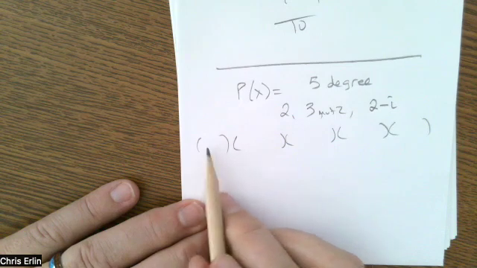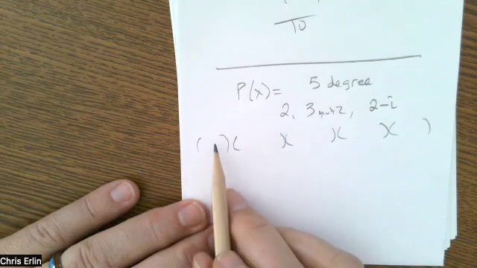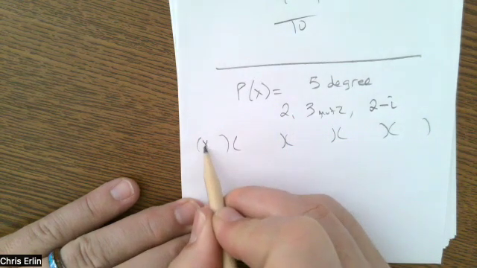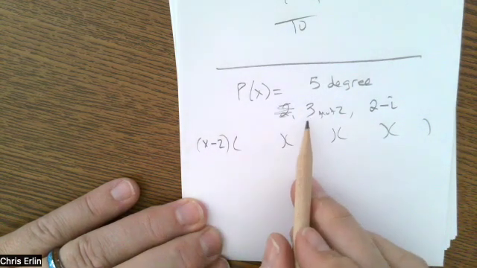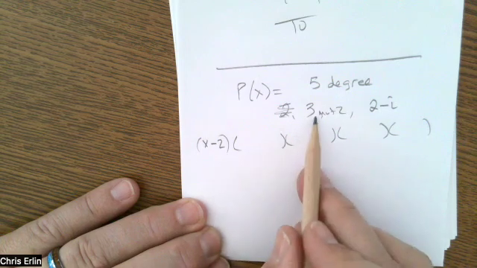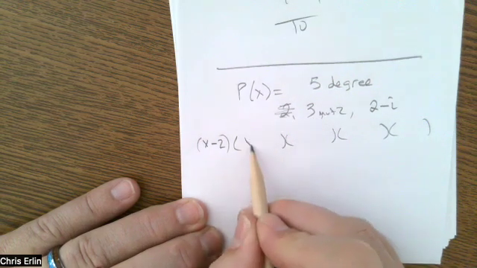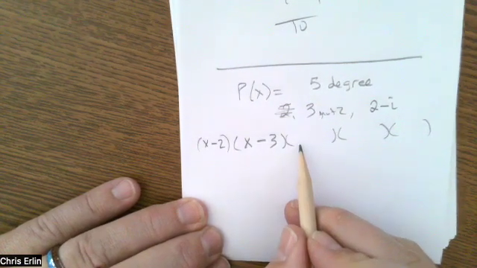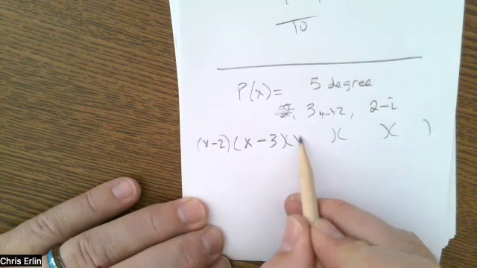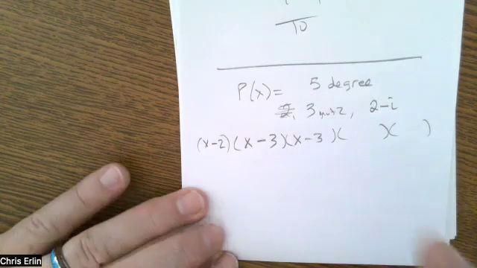What would my first factored term be? Good. X minus 2. That gives me this one. What would my next factor be? X minus 3. Good. Someone else new, give me the next one. Good. Another x minus 3 because its multiplicity is 2.